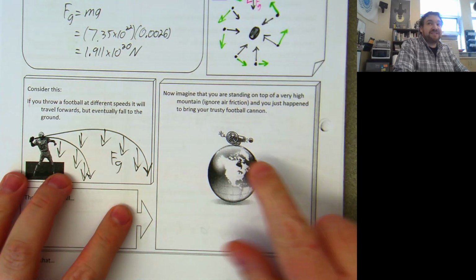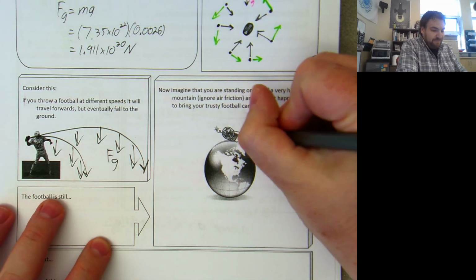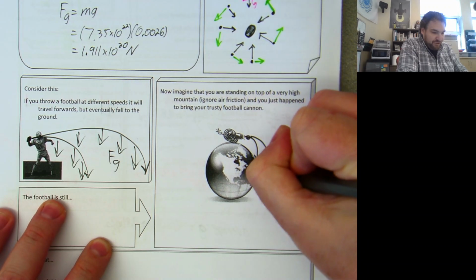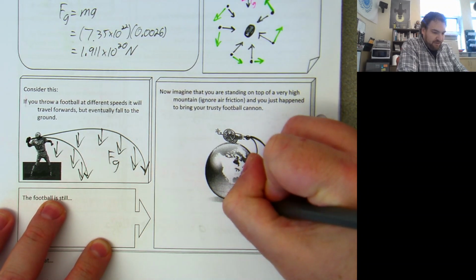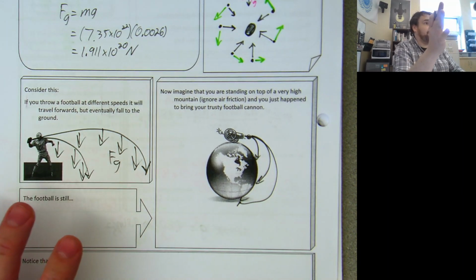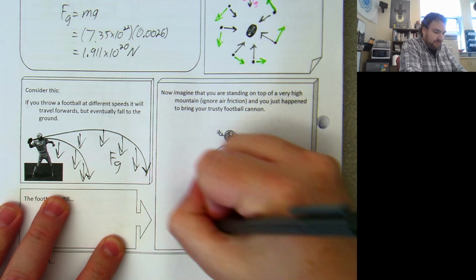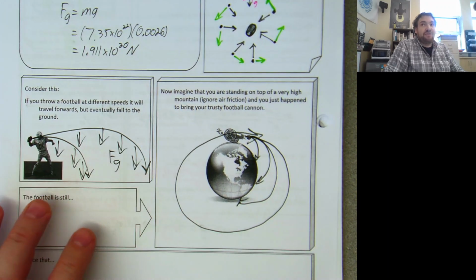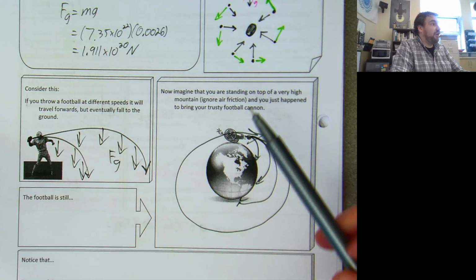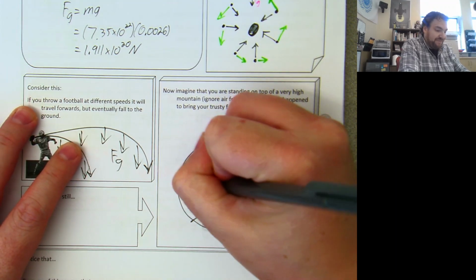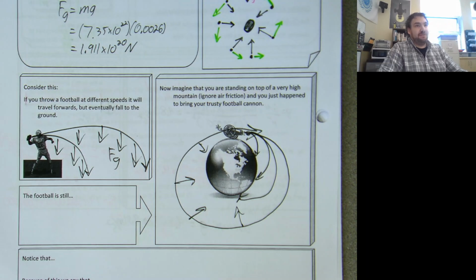So you'd get this situation. The cannon is just going to get increasingly more powerful until eventually you are able to launch this thing horizontally so that as it falls toward the Earth, it constantly misses.